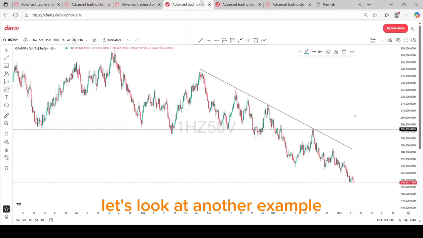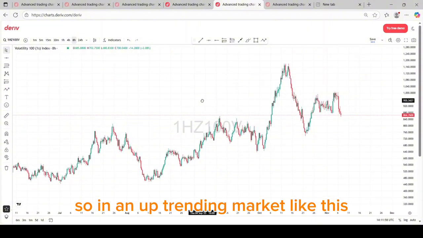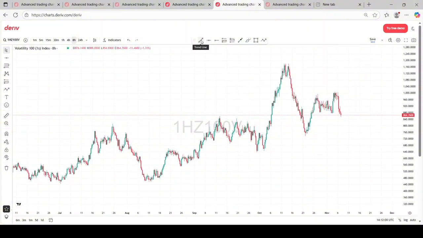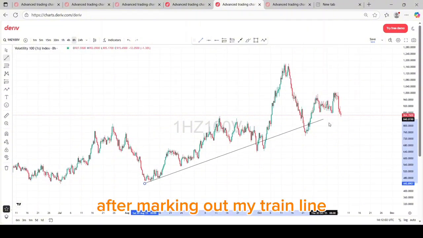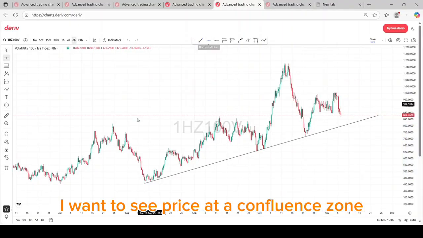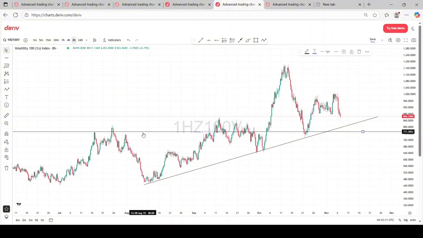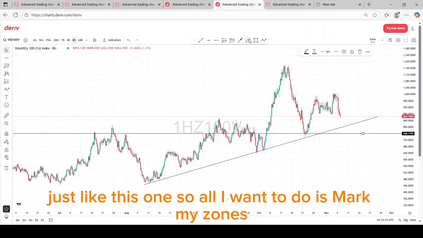Let's look at another example. So in an uptrending market like this, after marking out my trend line, I want to see price at a confluence zone, just like this one.